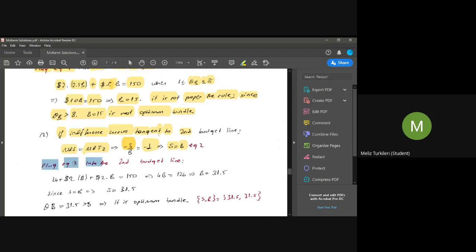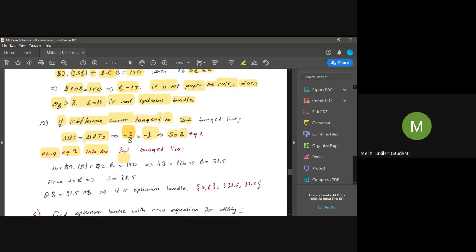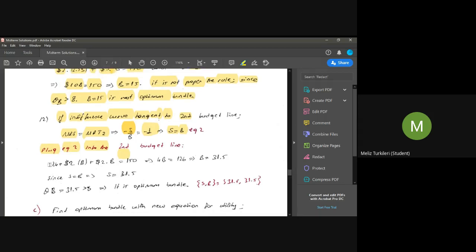If you plug equation 2 into the second budget line, let's do this. We know that the price of shoes is equal to $2 and the amount of shoes should be equal to the amount of bags in the equilibrium. I know that from equation 2.